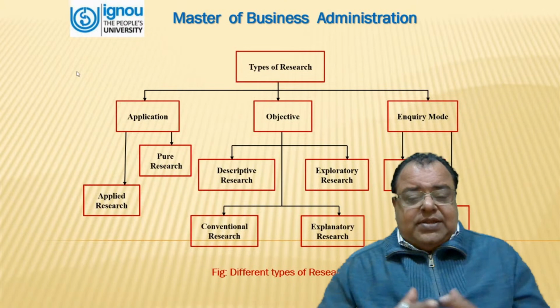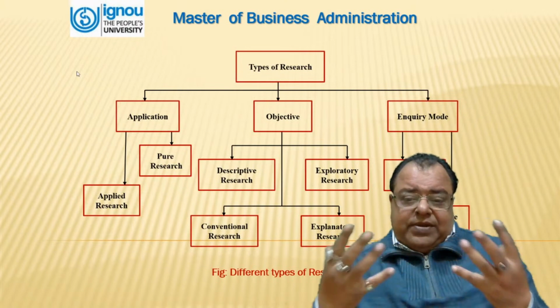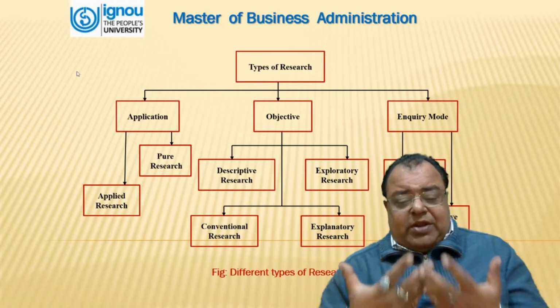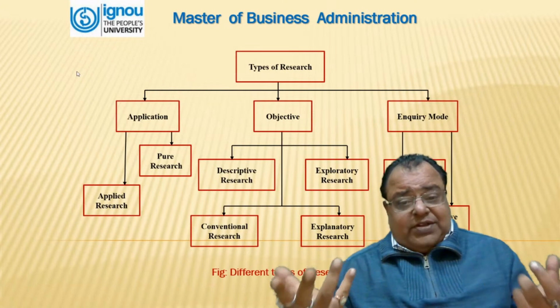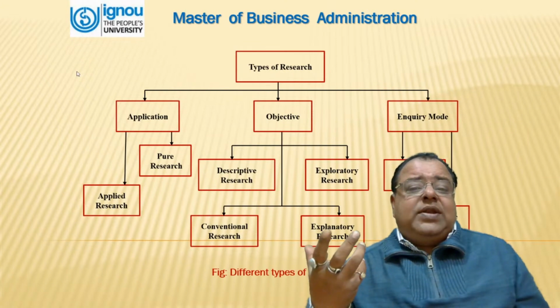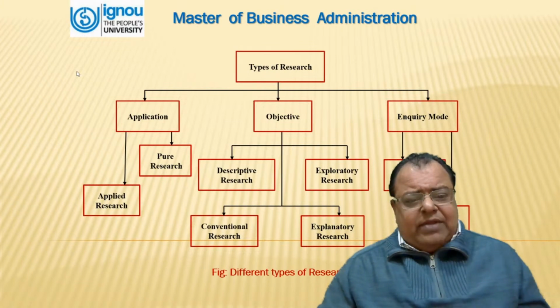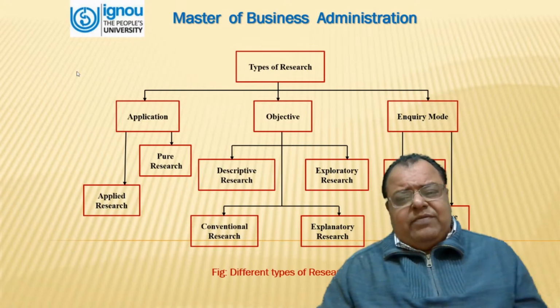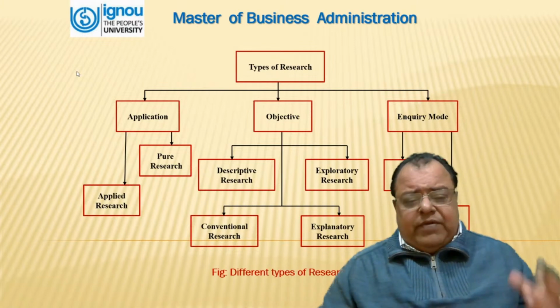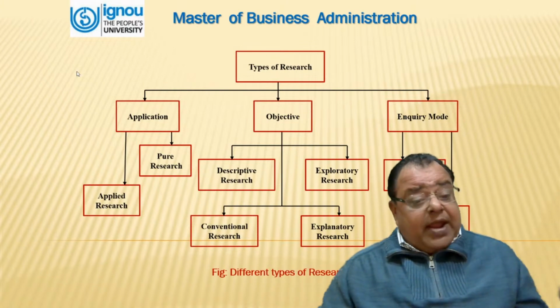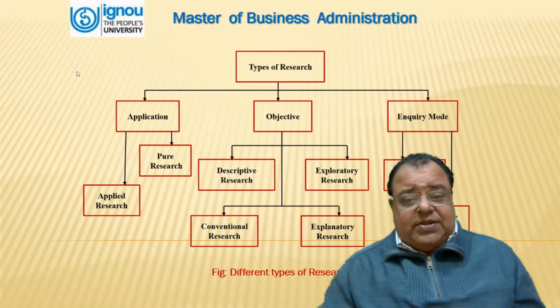Now, this is a representation which includes different types of research. We talk about the types of research, which can be broadly classified by application, objective, or inquiry mode. If we talk about the applications, it can be applied research or pure research.